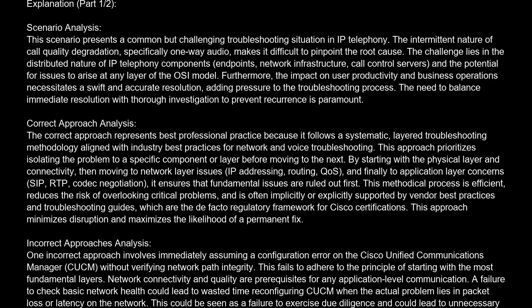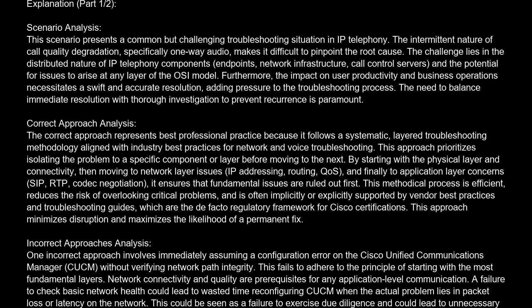It ensures that fundamental issues are ruled out first. This methodical process is efficient, reduces the risk of overlooking critical problems, and is often implicitly or explicitly supported by vendor best practices and troubleshooting guides, which are the de facto regulatory framework for Cisco certifications. This approach minimizes disruption and maximizes the likelihood of a permanent fix.